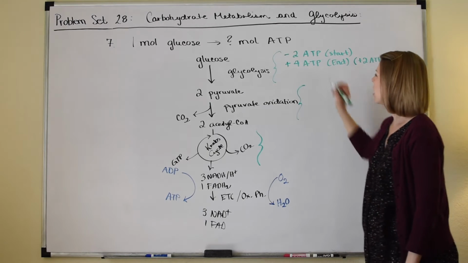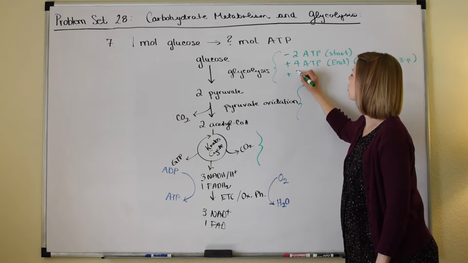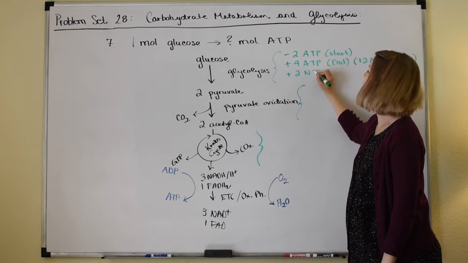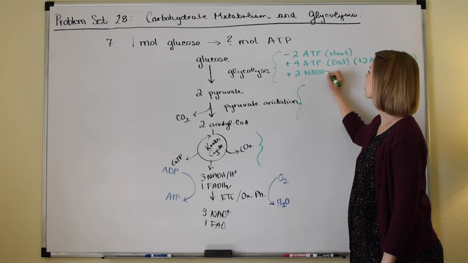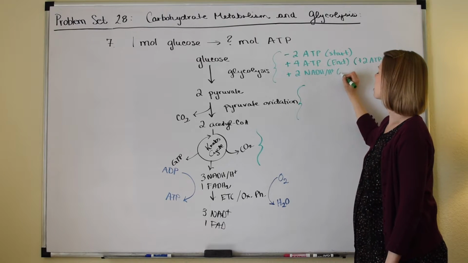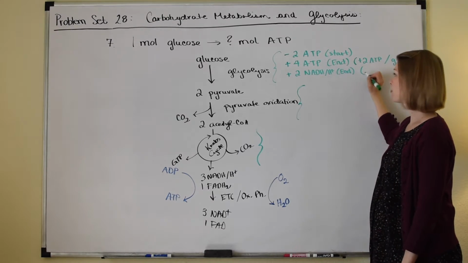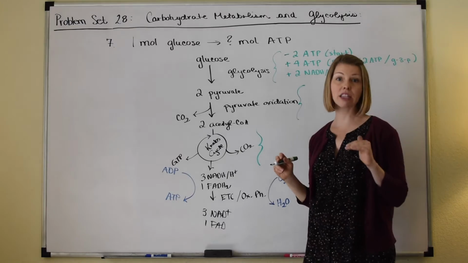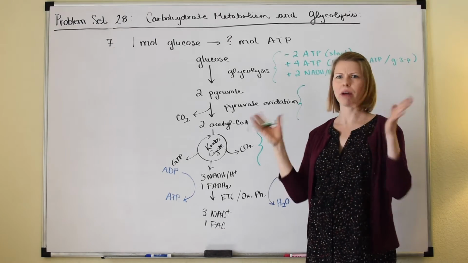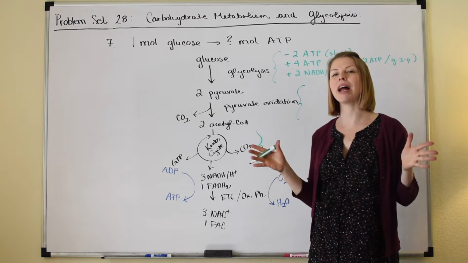Okay. And we get 2 reduced coenzymes of NADH in that second half of glycolysis. Again, if you go back and look at the process, you're going to be saying, I only see 1. Where's the other one?